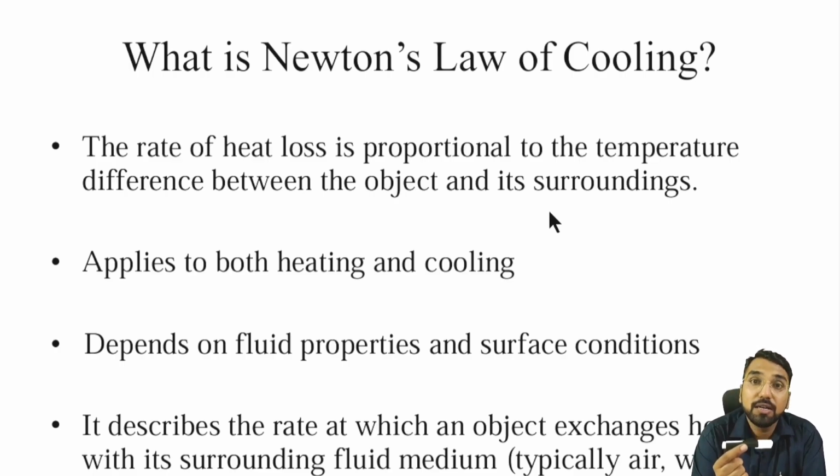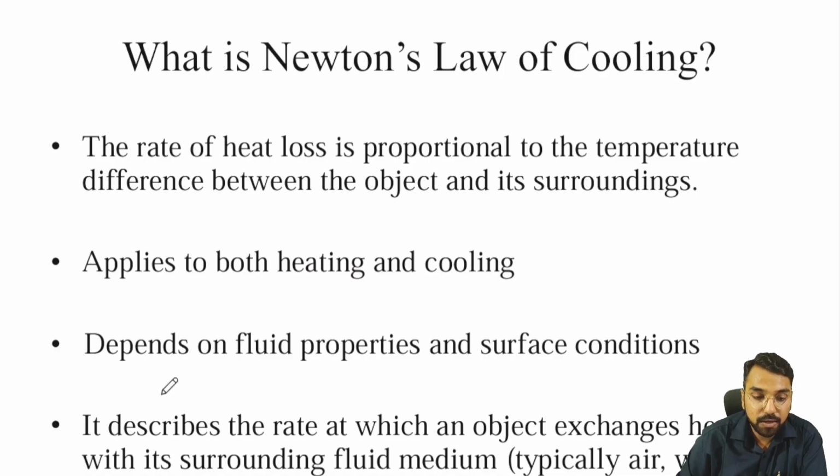If this metal rod is at 60 degrees Celsius and the ambient air surrounding it is at 10 degrees Celsius, then the rate of heat loss from the rod is proportional to the temperature difference between the rod and the surrounding air. In this case the heat rate is directly proportional to 60 minus 10. This law is applicable for both heating and cooling.